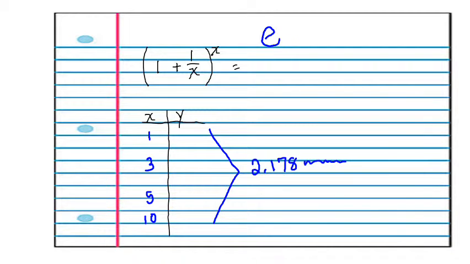So therefore e equals in nature 2.178. Think about those rabbits that exponentially multiply. I always think of the Visa commercial with that.